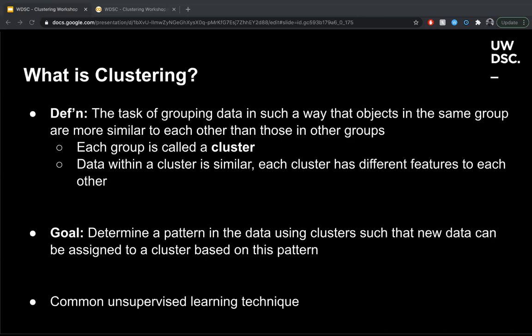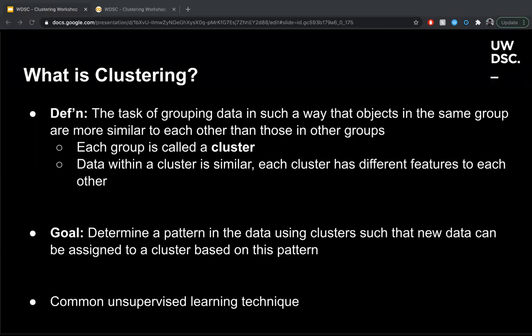Your goal is to determine a pattern in the data such that when you get new data, you can plot it on your graph, see which cluster it falls into, and make a prediction based on your clusters. It's a common unsupervised learning technique, and it has a whole range of applications.